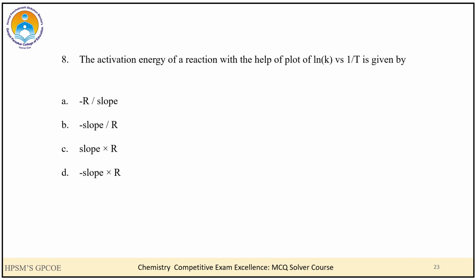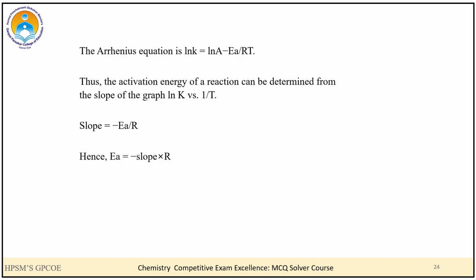Question number 8. The activation energy of a reaction with the help of a plot of ln of K versus 1 by T is given by, the 4 options are given. Solution. The Arrhenius equation is ln K is equal to ln A minus EA upon RT.